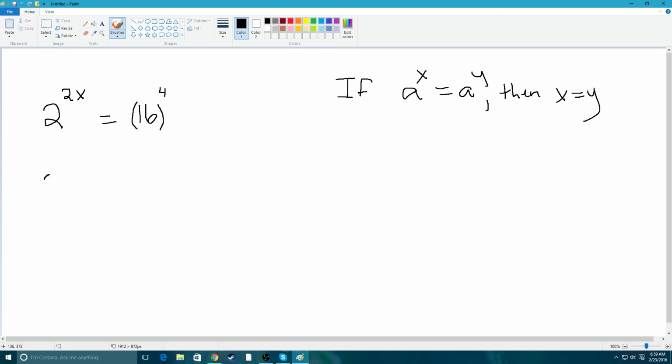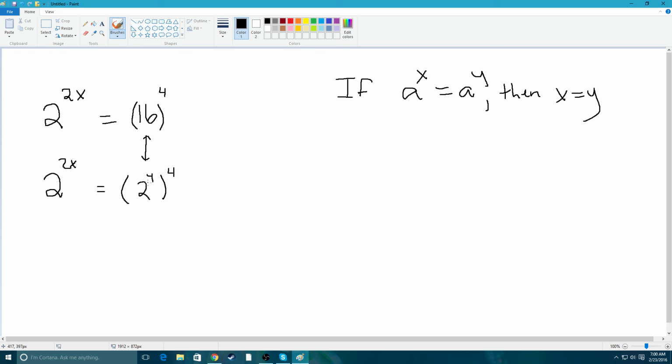So on the left side, 2 to the 2x. On the right side, 16 is 2 to the fourth power, to the fourth. These guys stayed the same. The only thing that changed was this part right here.